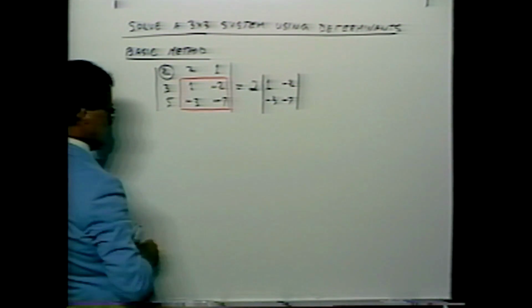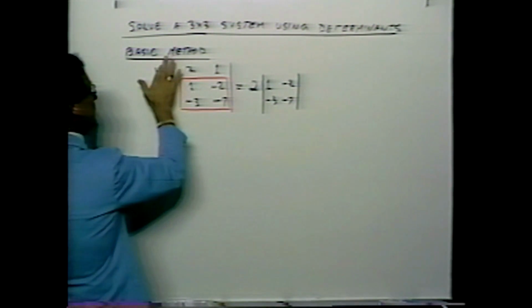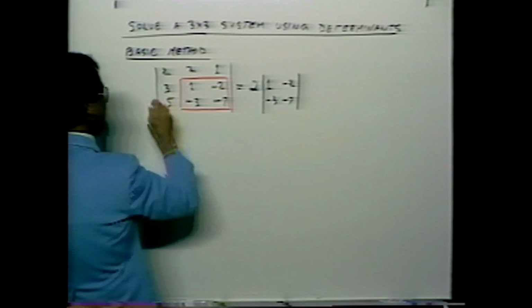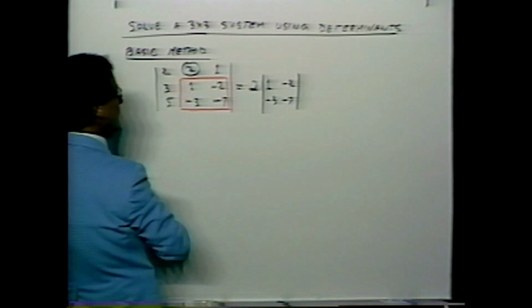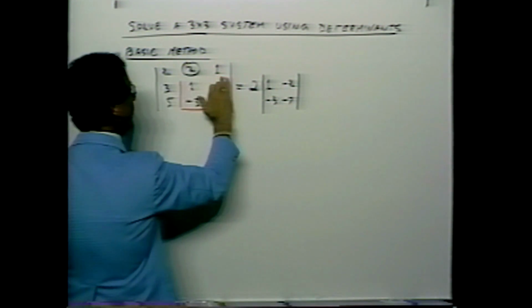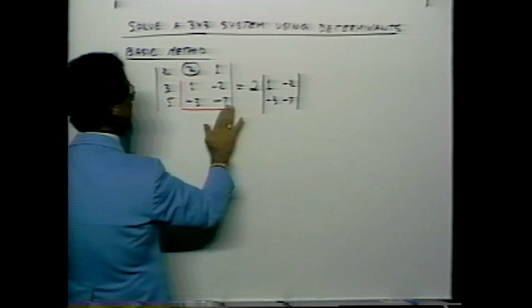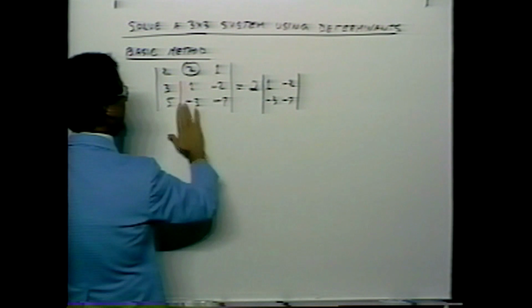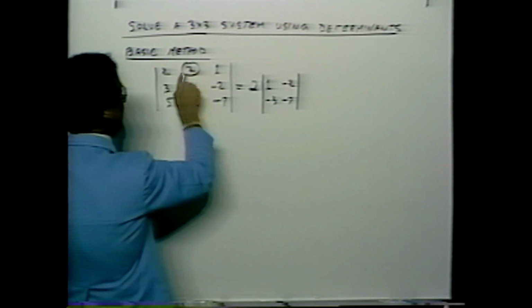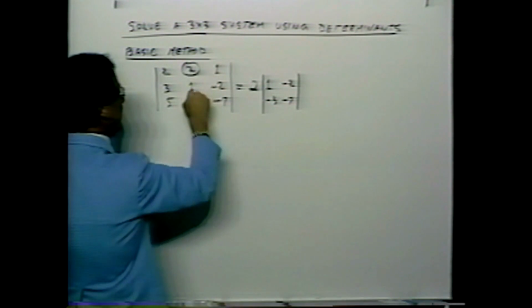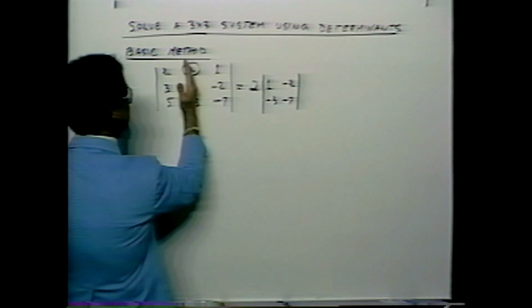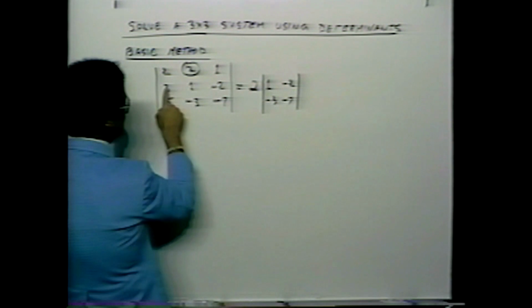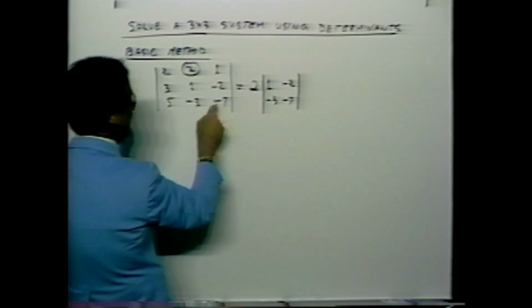The next number is 2 again. We take out the row and column that it's a member of. If you take those out, what is left is 3, 5, and minus 2, minus 7.